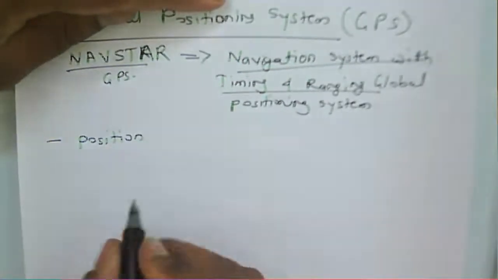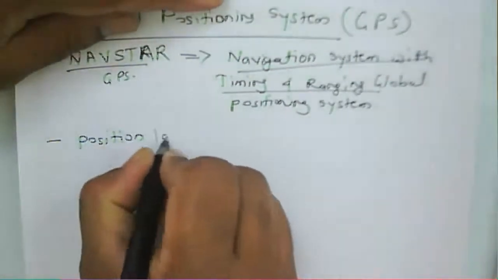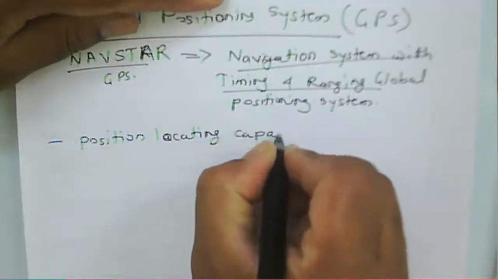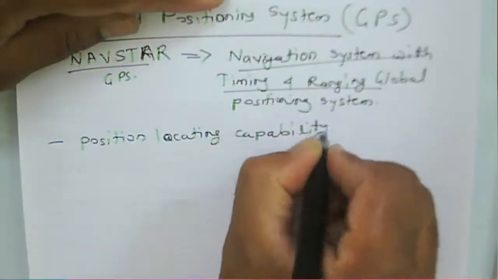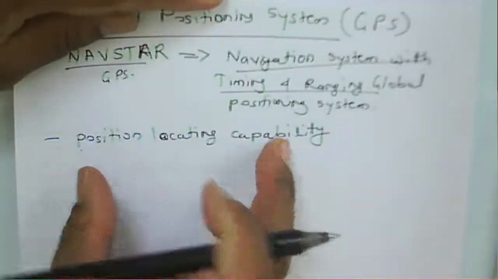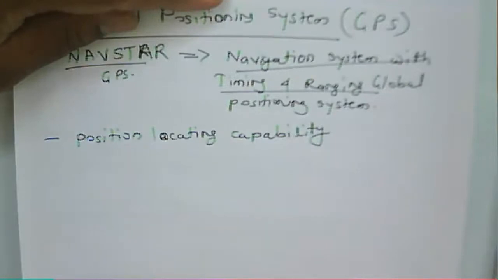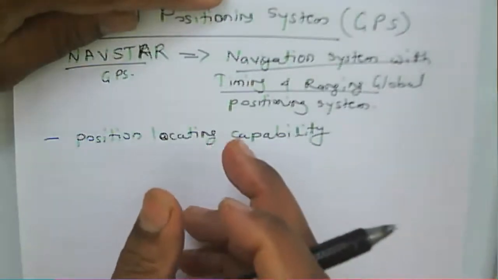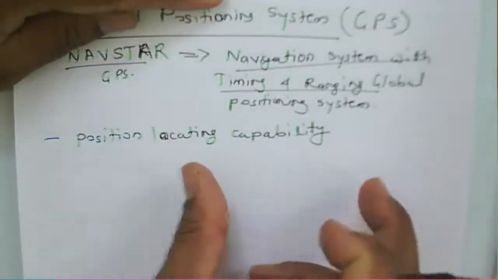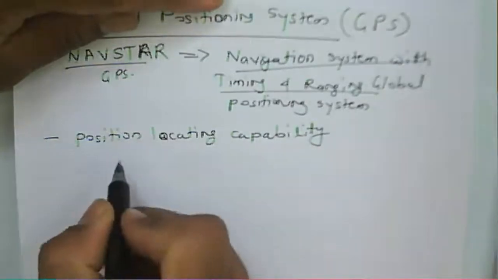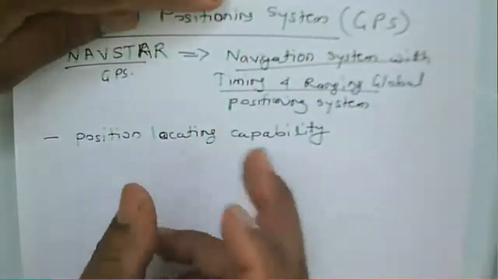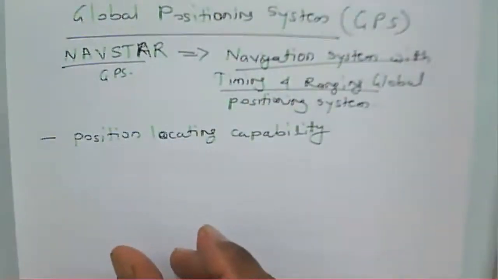It will provide the position locating capability, and that position locating capability to all types of aircraft, ships, land vehicles, spacecraft, and satellites. This Navstar GPS will provide a position locating capability.